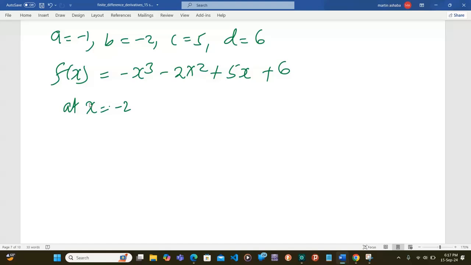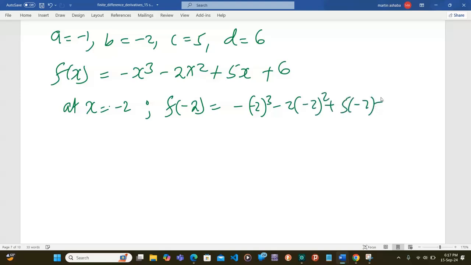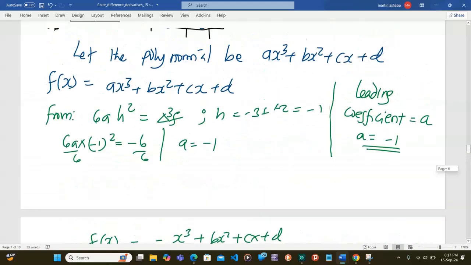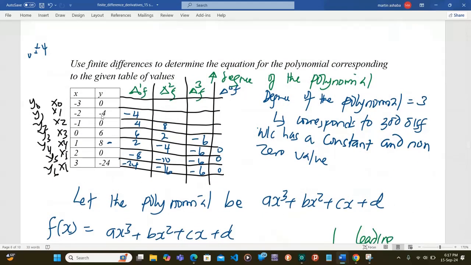So I find that if I put in my values, f of negative 2 gives me negative 4. So this tells me that this function is okay because the value of f of x at x is equal to negative 2 is equal to negative 4.